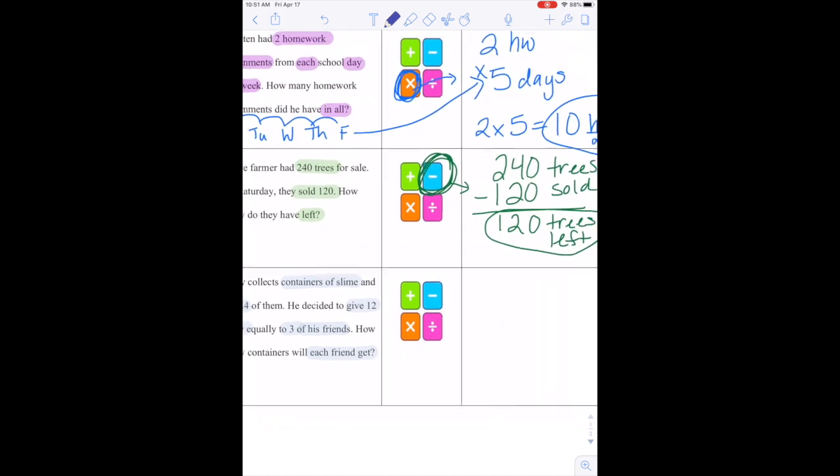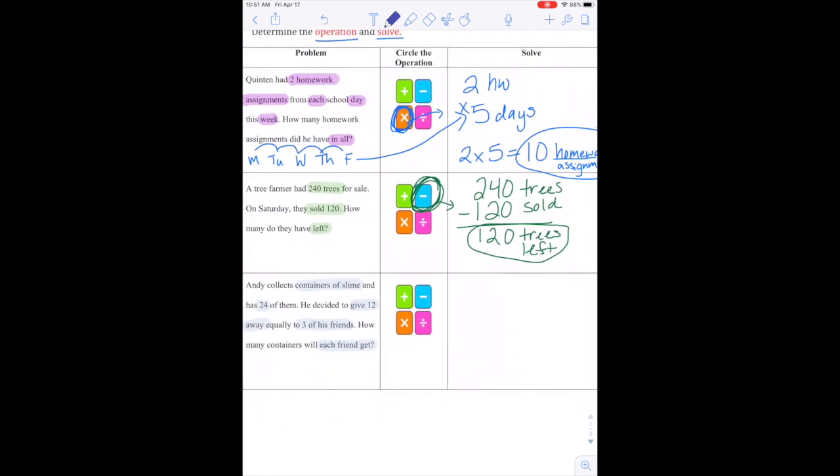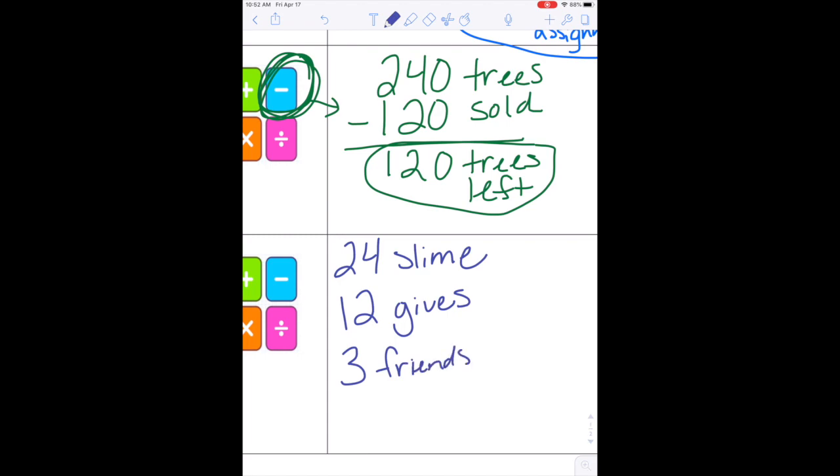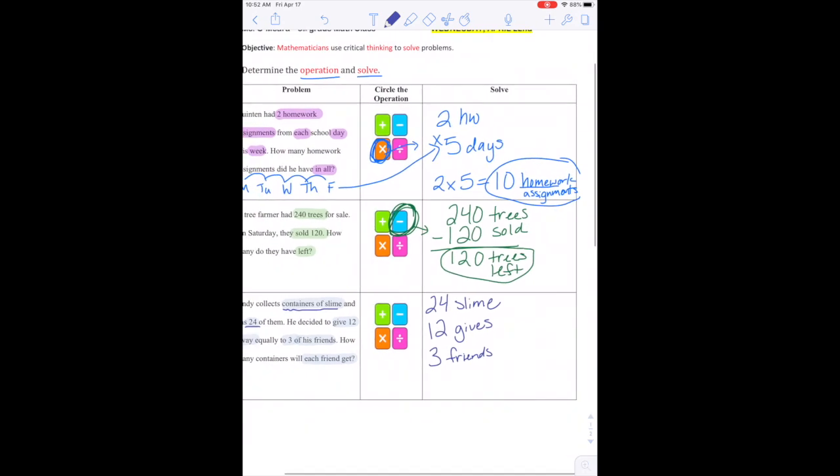Let's talk through it a little bit. Here's some information though. He has containers of slime and he has 24 of them. So he has 24 things of slime. There's 12 that he gives. And he gives it to 3 friends. All right, that's a lot of information.